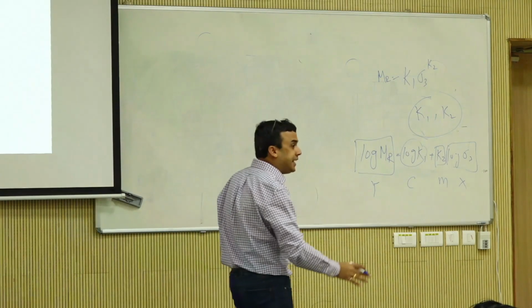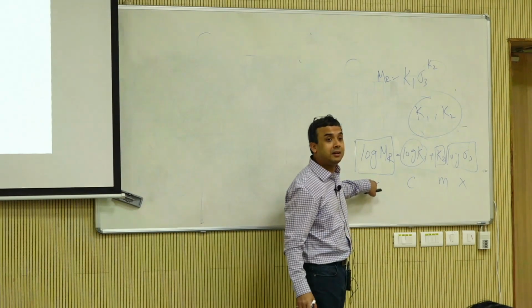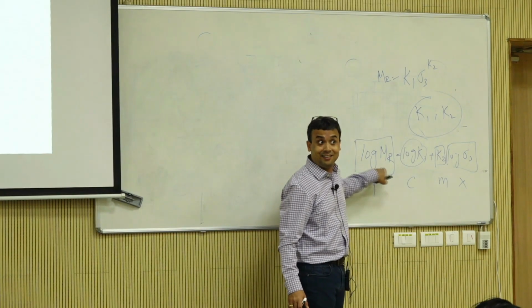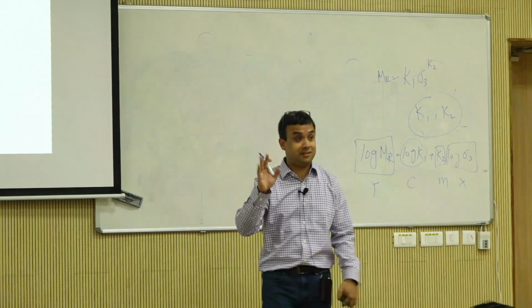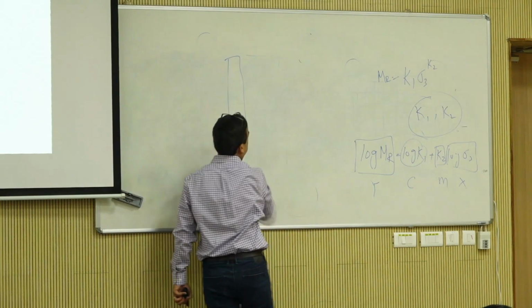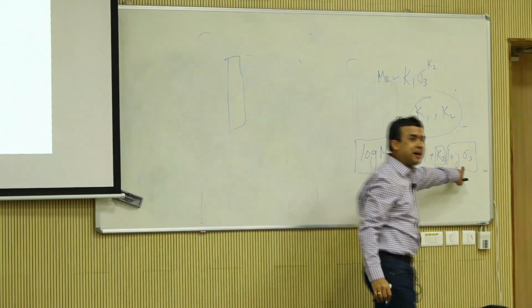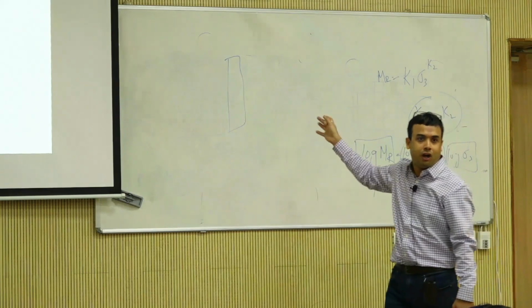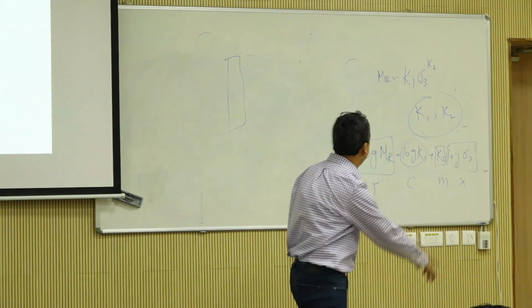We have the data points. How many data points do we have? 15. We have 15 data points, right? So you take the MR and sigma 3, fit a linear equation, and then what happens?